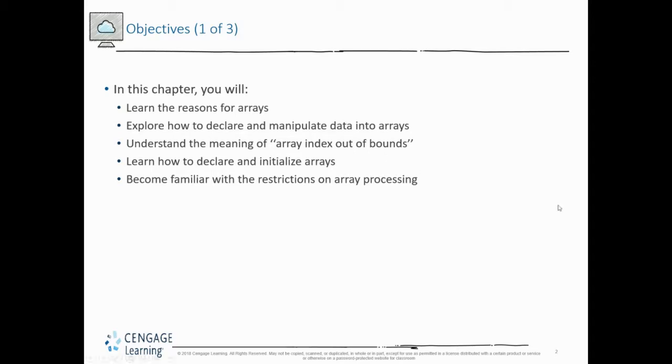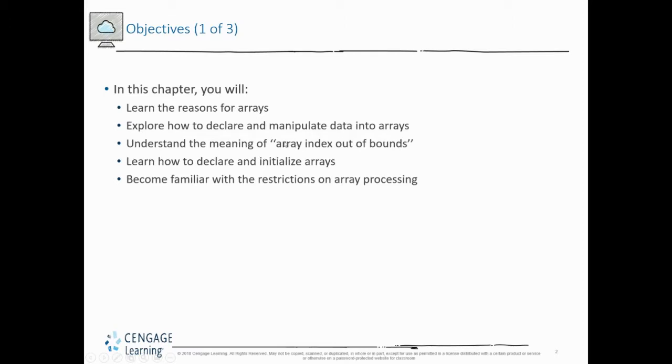All right. Understand the meaning of array index out of bounds. So there's no catch, by the way, in C++. Not that there is a catch, but there's no way to code for array index out of bounds. They don't have such a thing in C++.